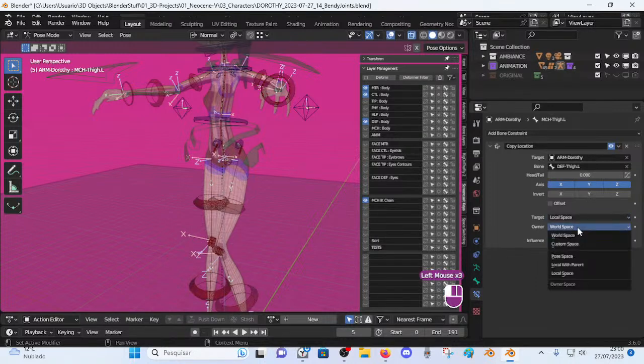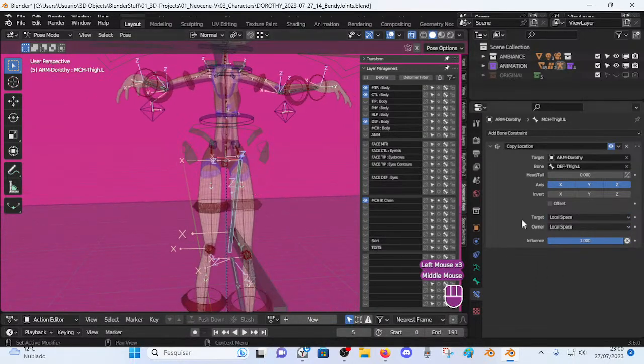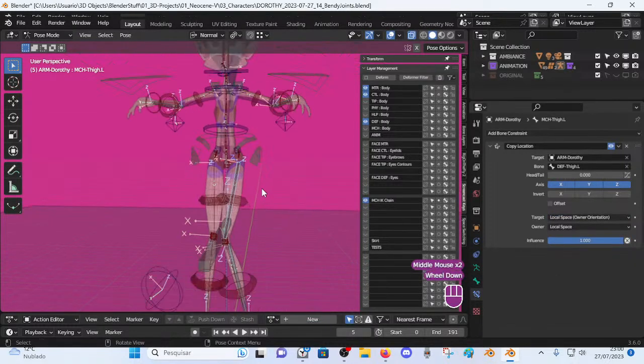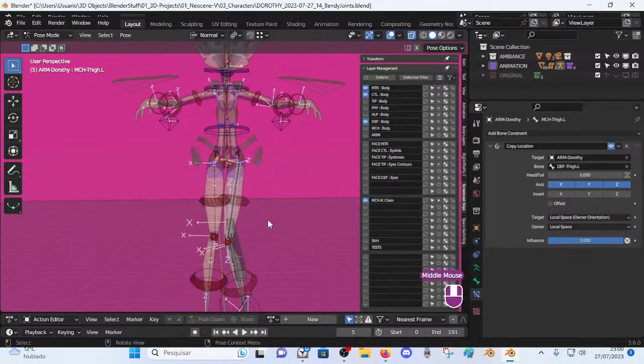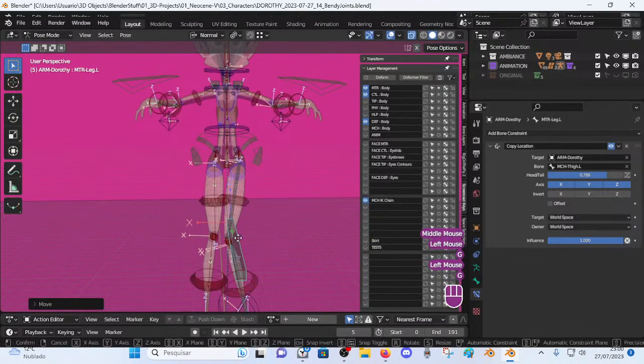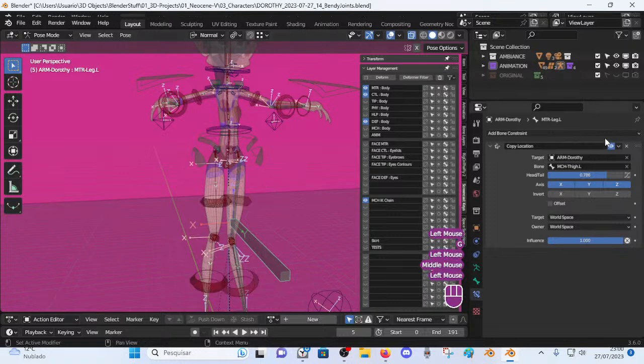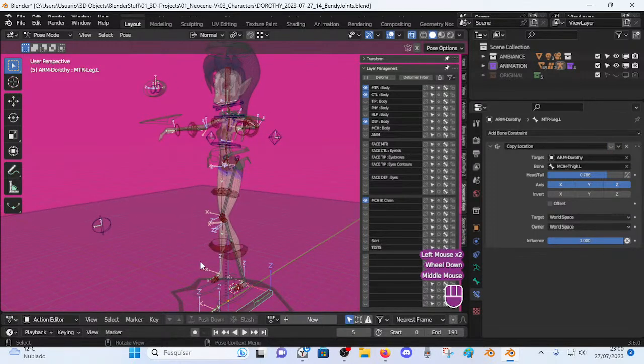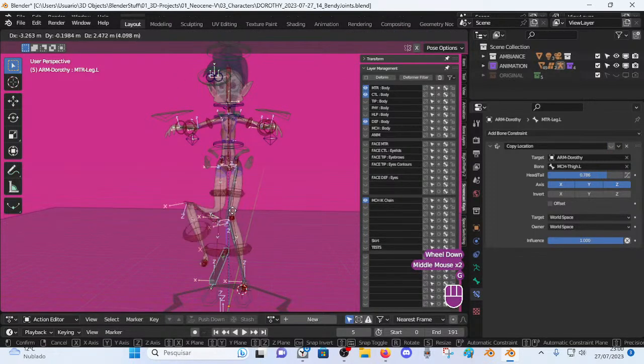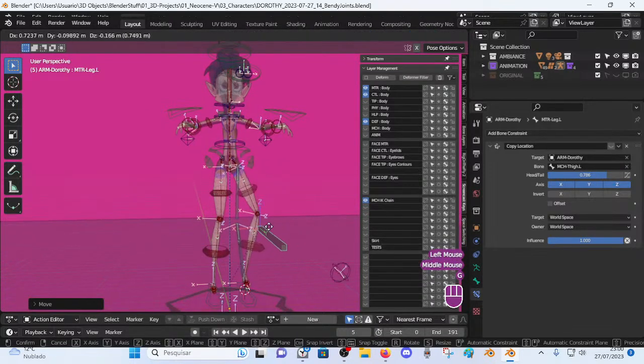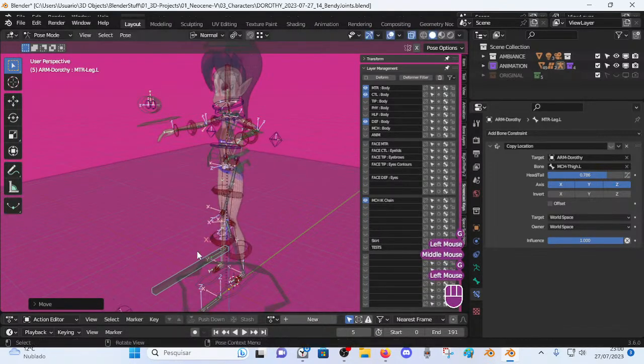Local space with owner orientation. It will start affecting the, yeah, there starts again this craziness.